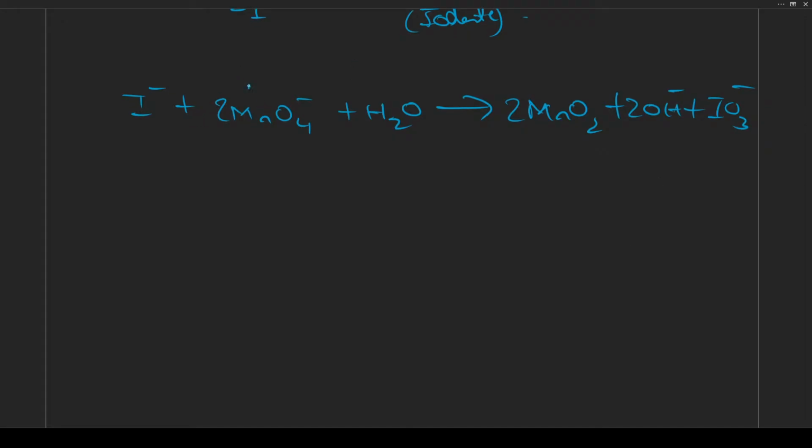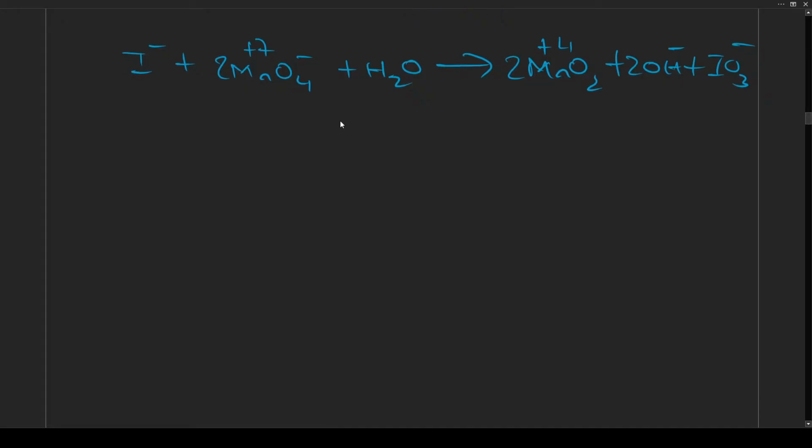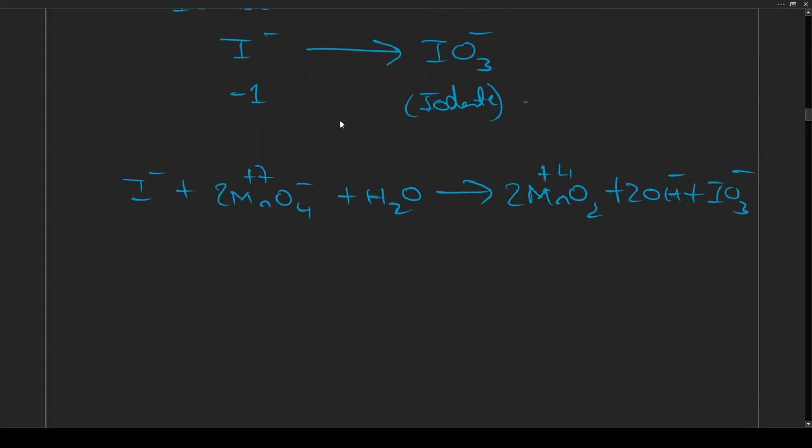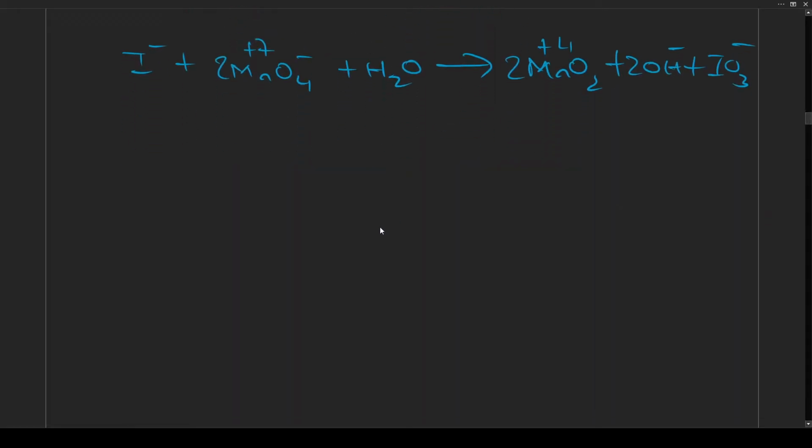Here manganese goes from plus 7 to plus 4. In the first case, in acidic medium, it got reduced from plus 7 to plus 2. Here in neutral medium, it got reduced from plus 7 to plus 4 only. That's the reaction.